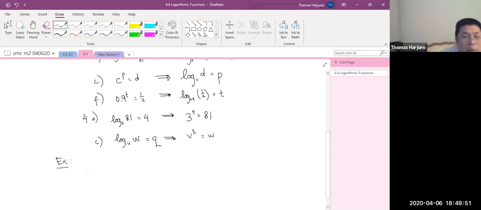Let's say, for example, number 6, 3 times a to the 4t equals 10. How do we solve for t?